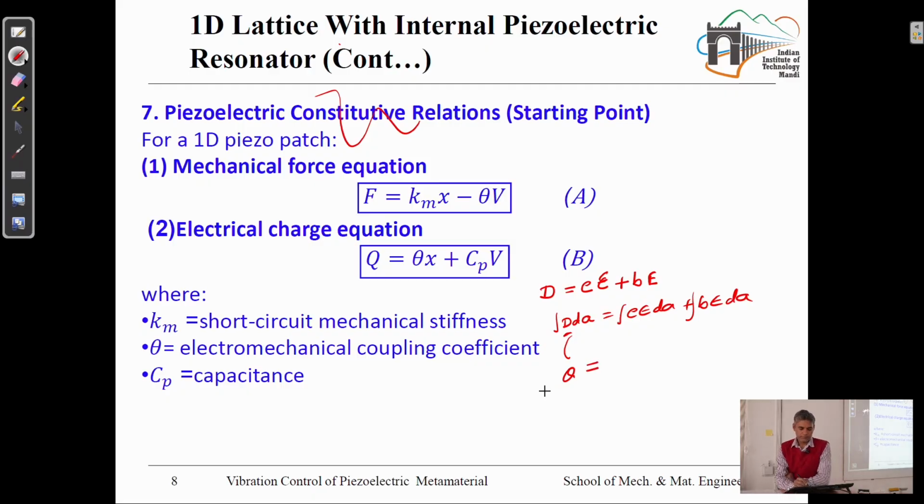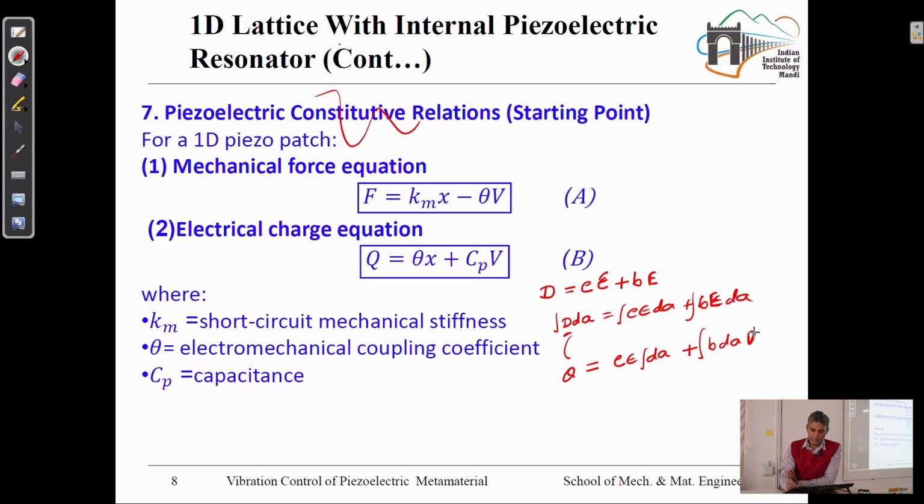And this is my electric field, E dA, and this is B dA.